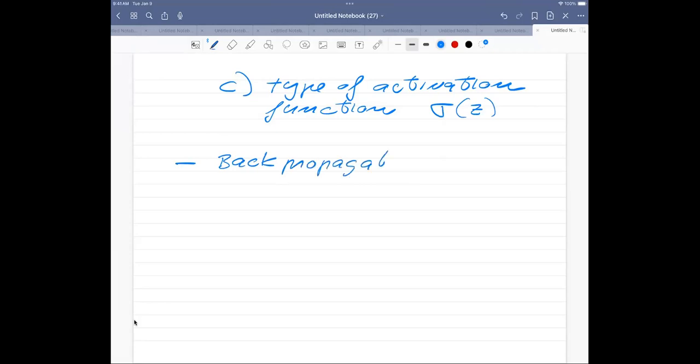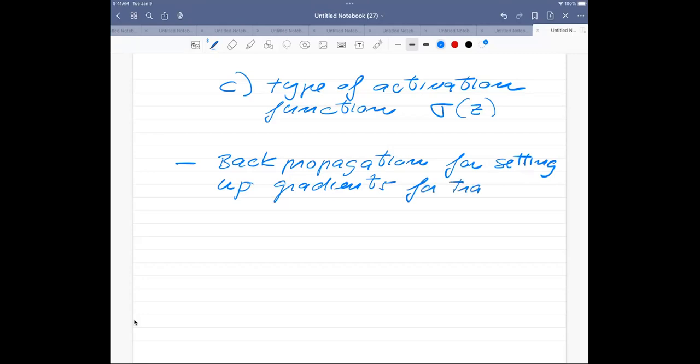And as you will see pretty soon in the next lecture, for setting up the gradients for training, the back propagation is the way by which we train the network.